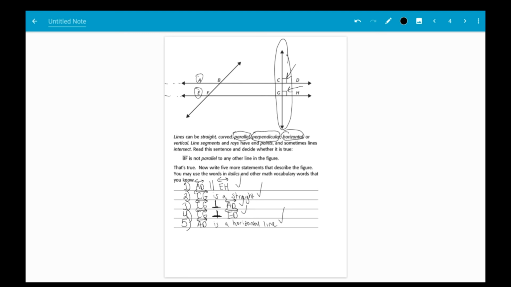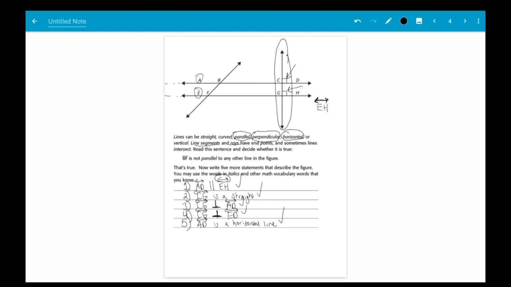Notice that all these are lines, so we're not going to use line segments. We're not going to use rays. None of them have endpoints. They all are lines. So be careful when you give these symbols. Let's say EH was a line segment, we would draw it without any arrows at the end, but because it's a line, we write arrows.